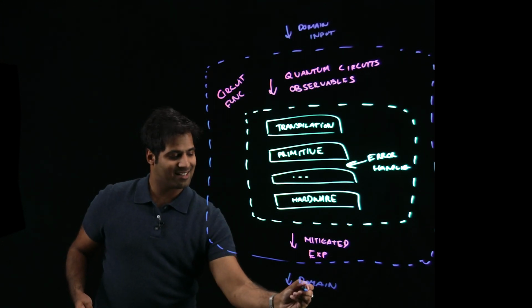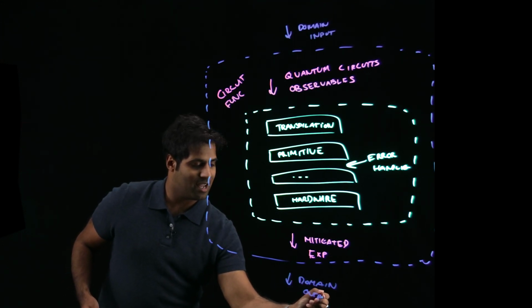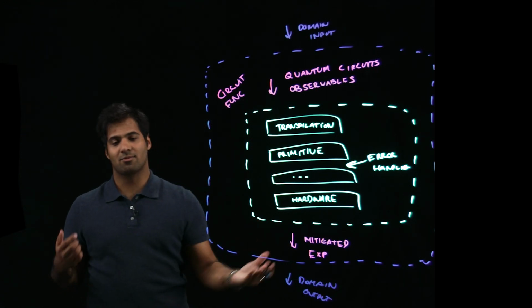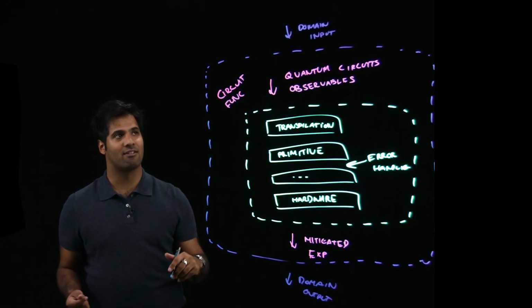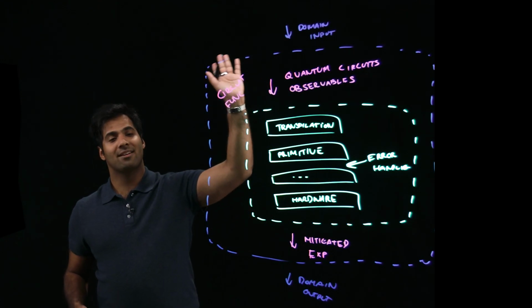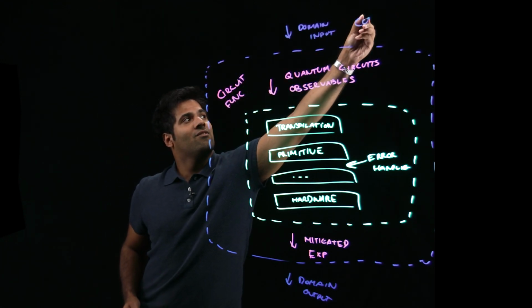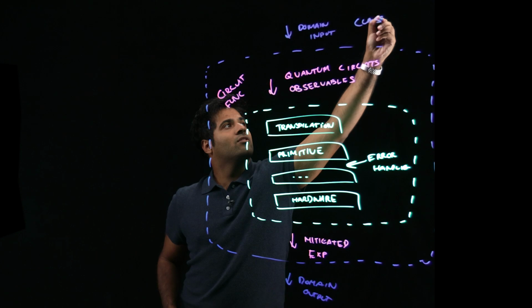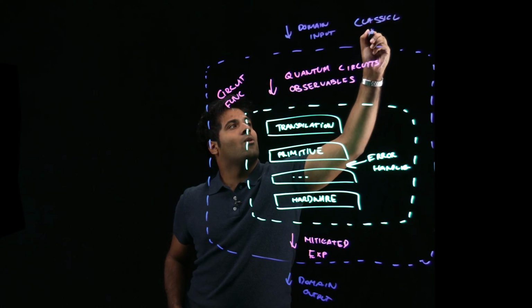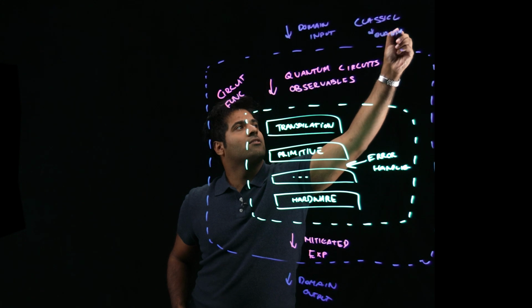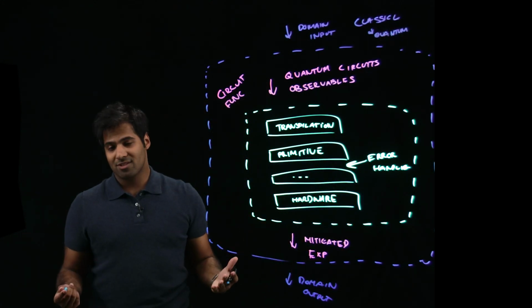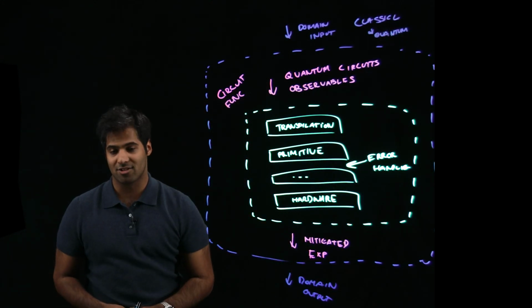I can take that information and use it for higher levels of abstraction such as catalysis or reaction path analysis, and so on. But this notion of mapping my classical information to quantum circuits and observables is also deep research today.